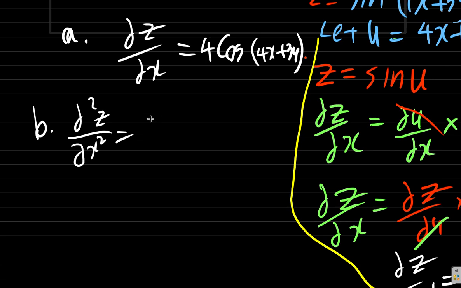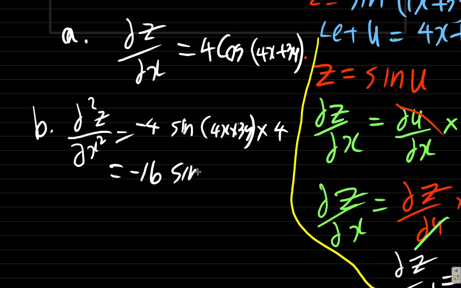When you differentiate cos, you get negative sine. So it's negative 4 sine 4x plus 3y, times the derivative of the inside function with respect to x, which is 4. Multiply them, you get negative 16 sine 4x plus 3y. See that?